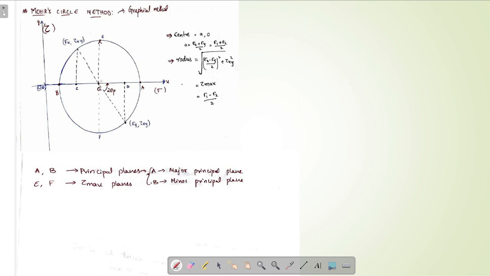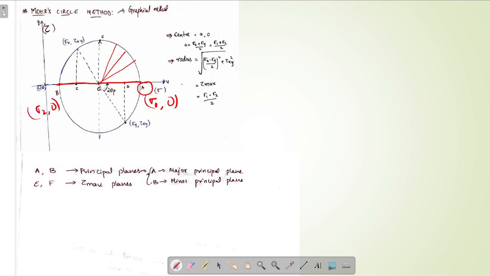Here in the Mohr circle, every line from the center of the Mohr circle indicates a particular plane. In this case, this particular plane is the major principal plane, whereas this particular plane is the minor principal plane. This particular A is the major principal stress value, that is sigma 1 comma 0, whereas B is sigma 2 comma 0.